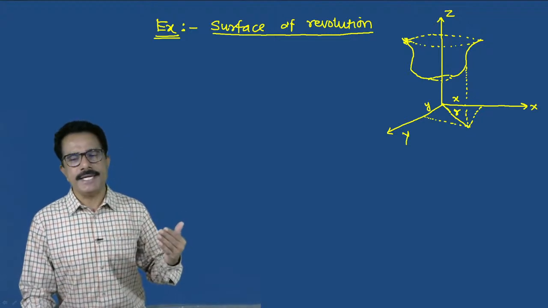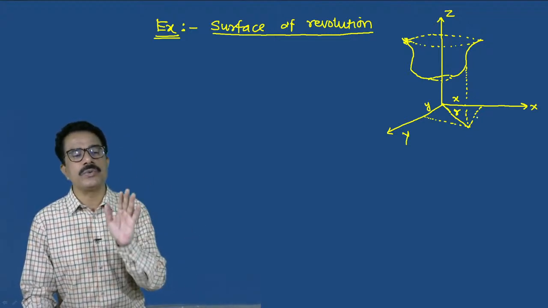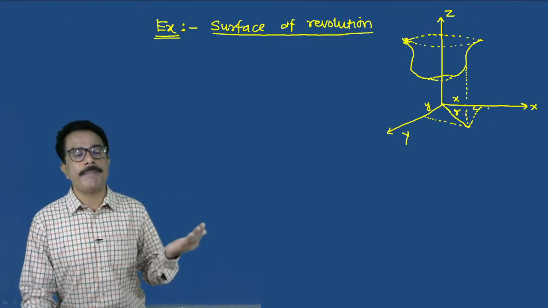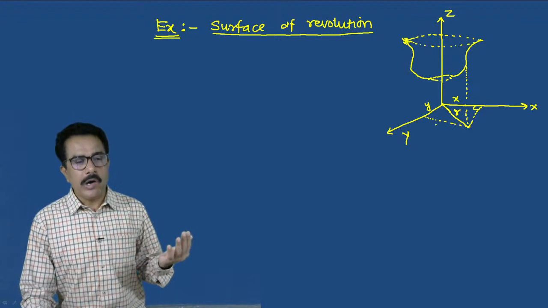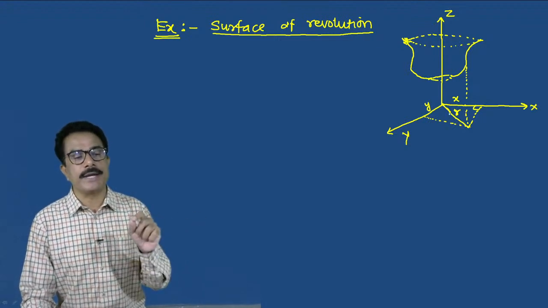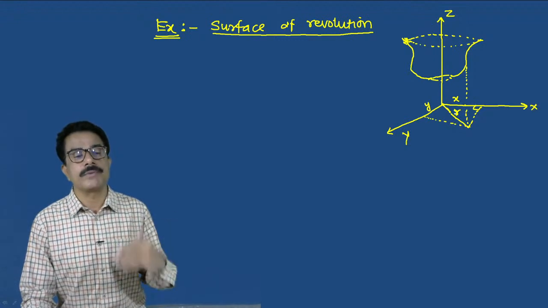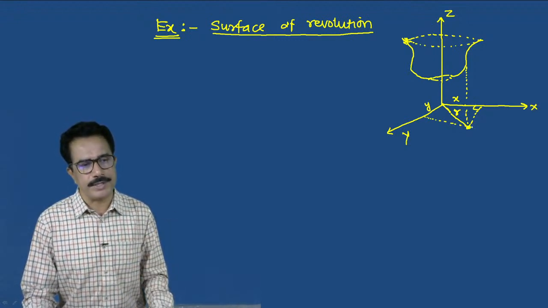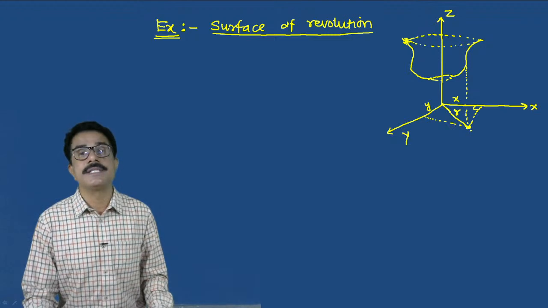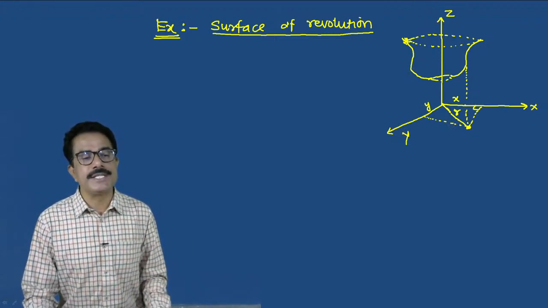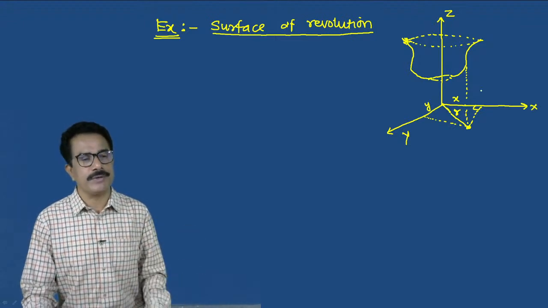So we can write r square is equal to x square plus y square according to the Pythagoras rule. We can find r, and we can express this r in terms of x square and y square.